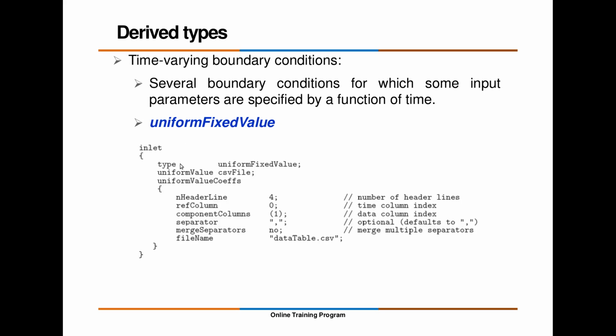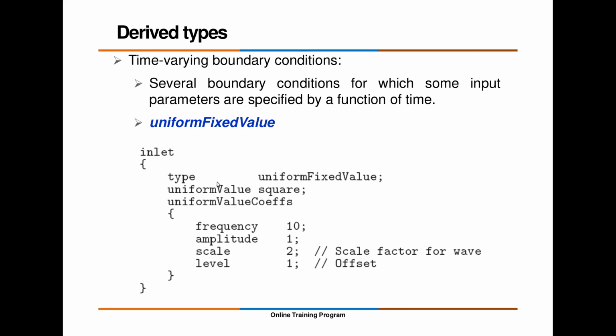Here you have fixed value uniform, and you have a CSV file also. A few more entries are available: header line, reference coefficient, component column, data column index, and separator, which says how the data is separated from one to other. These few entries are available with this uniform fixed value class of conditions.